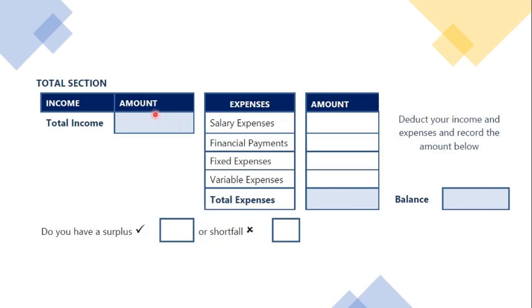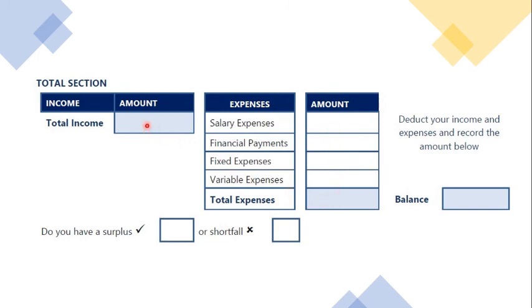Now, if you look at the total brutto income on slide 1, you're going to put it in here for me. Then you're going to put in the totals of your salary expenses. Remember, we discussed that. Totals of financial payments, totals of fixed expenses, totals of variable expenses. And then you're going to add them all together.